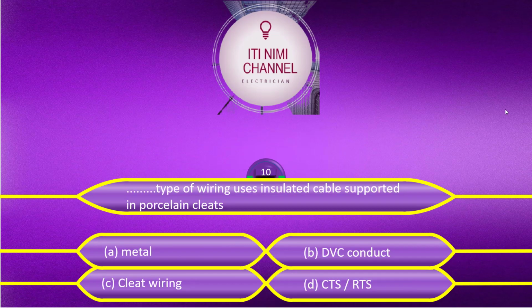Dash type of wiring uses insulated cable supported in porcelain plate. Option A metal, option B PVC conduit, option C cleat wiring, option D CTS or TRS. The answer is cleat wiring.